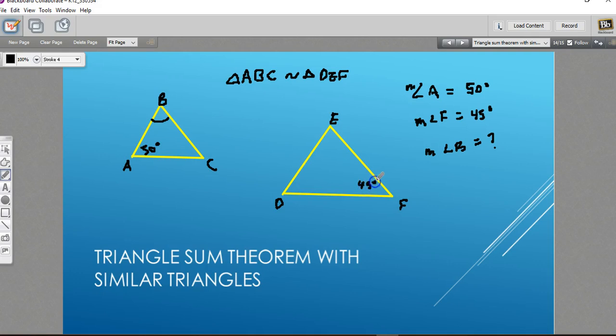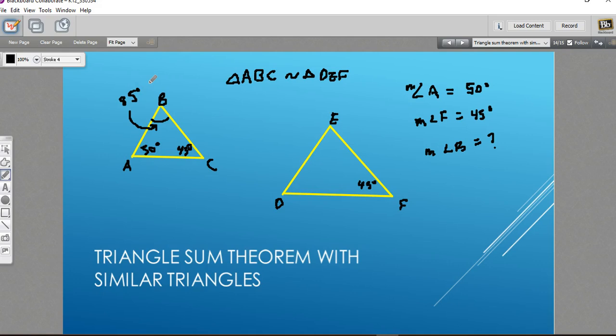Well, we know that angle C and angle F correspond, and the measure of angle C does equal the measure of angle F. So if that's 45 degrees, then I can use the triangle sum theorem to figure out what the measure of angle B is. And so we know it's going to be 85 degrees.